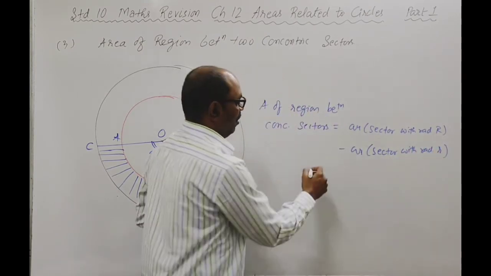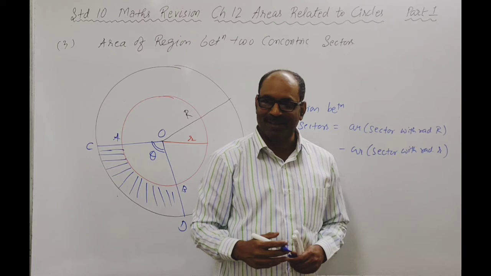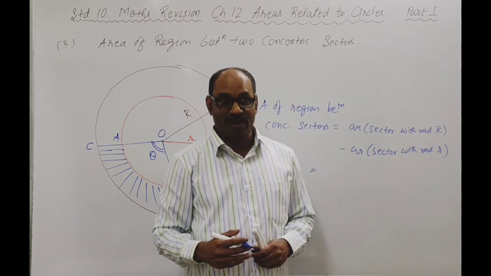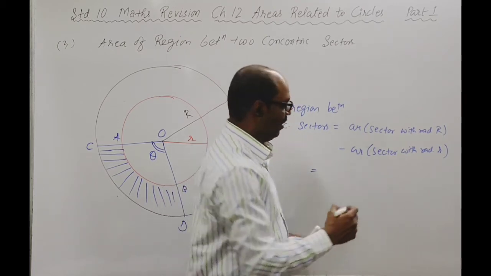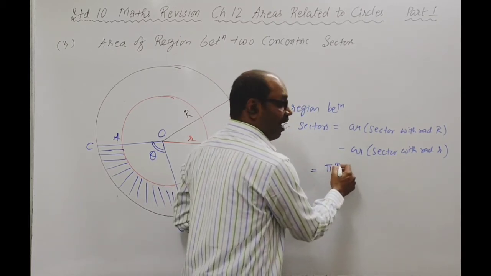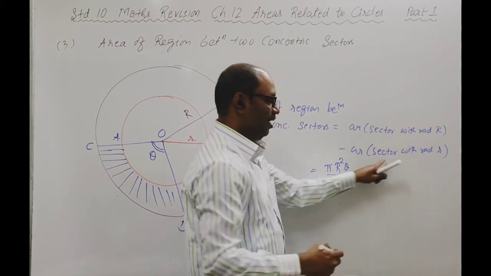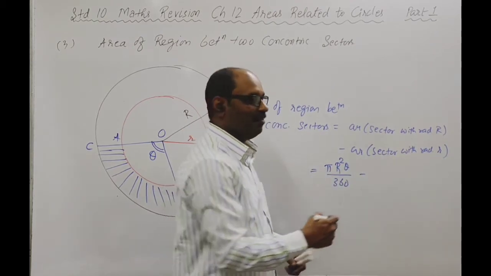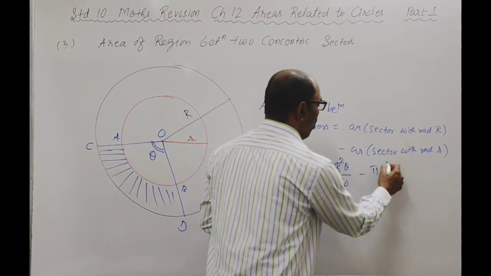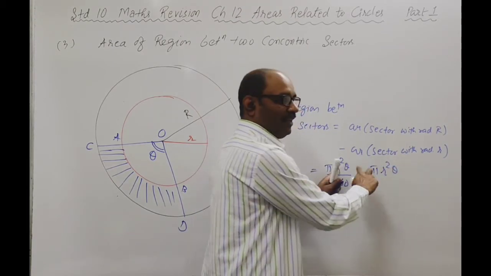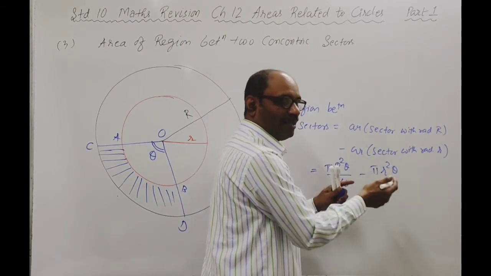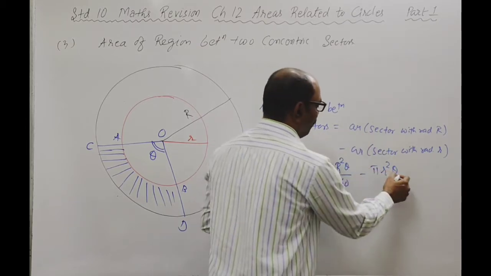What is the formula to find the area of a sector? Pi r square theta upon 360. So you can say pi capital R square theta upon 360 minus the area of the sector with the smaller radius, pi small r square theta upon 360. There is no theta 1 or theta 2, it's one and the same, common for both.